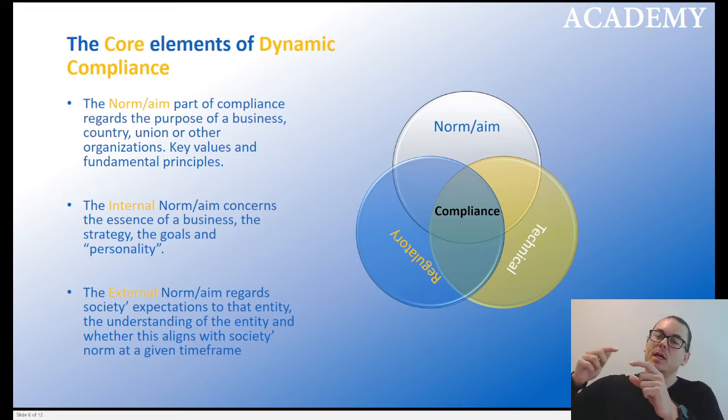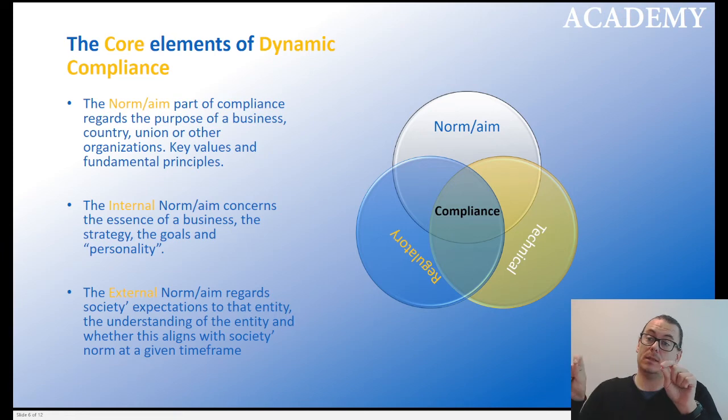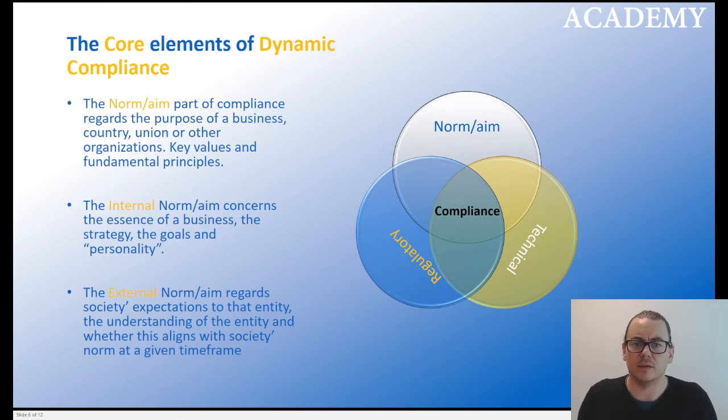And then say, okay, so we might comply with this single requirement, but by doing so, are we complying with the norm, the given norm, the aim of the regulation? That we would never have done in the reactive compliance, but this is what we do in dynamic compliance. We look broader than the specific regulatory requirements. So norms can of course be internal. I've already been briefly around this because it can be a strategy, it can be like your essence.